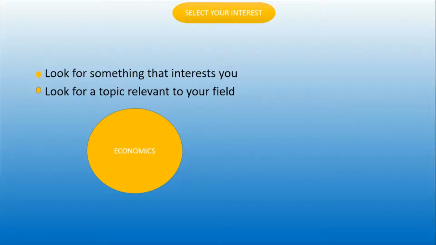For example, in my case, I studied economics, so I had to write something economics related, something to do with the economic conditions of the world. So write something related to your field of study. Your lecturers, your supervisors will help you in finding a good topic related to your field of study.